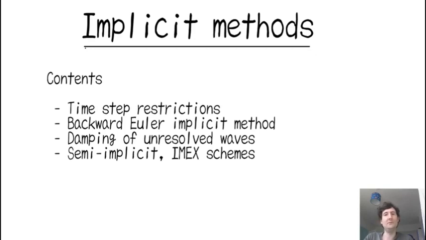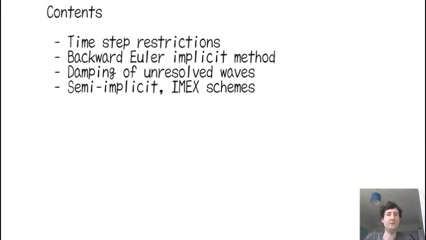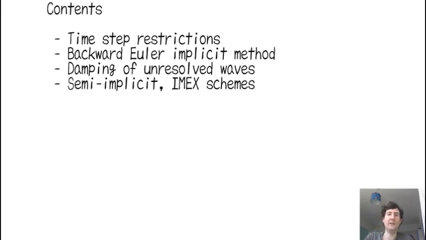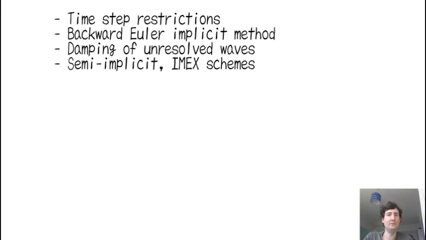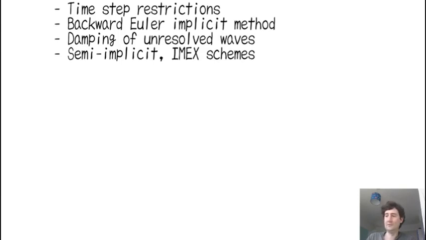But I'll show you some examples of how this method works for simple cases, and then discuss a bit how it extends to more complicated cases. And then at the end, a bit about semi-implicit and so-called implicit-explicit methods. These are IMEX schemes, which are, at least in principle, fairly similar in what they try to achieve. So the aim of implicit methods is to overcome time step limitations.